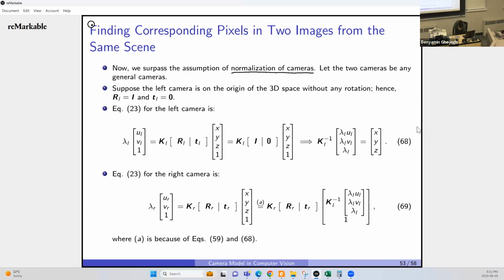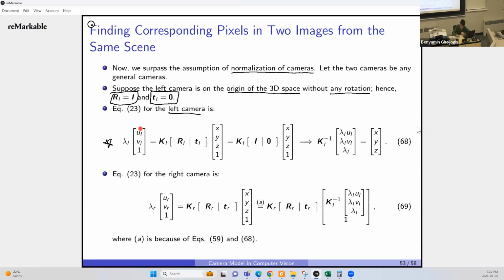Suppose the left camera is at the origin of the 3D space without any rotation, because I can decide the origin of the 3D space. So again, as before, the rotation matrix of the left camera is I, and its translation vector is 0. Again, equation 23, the mapping.